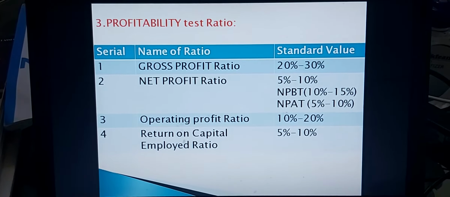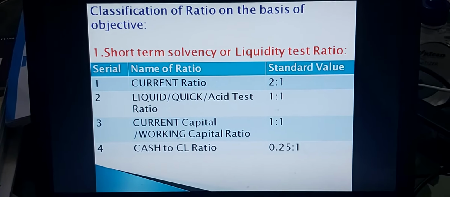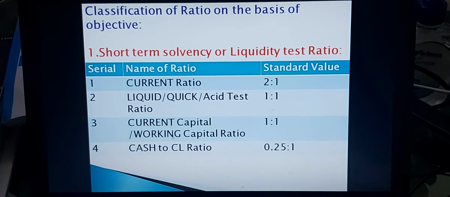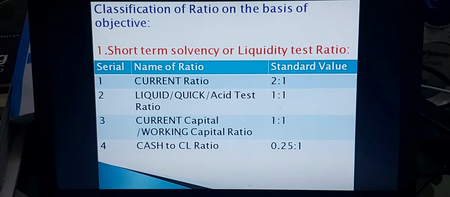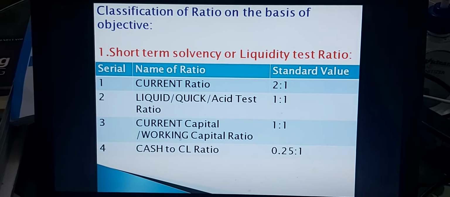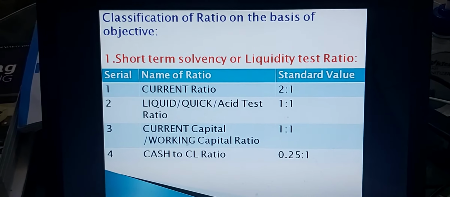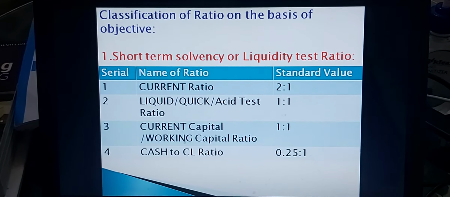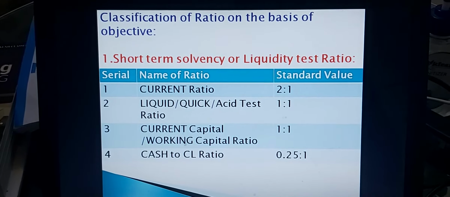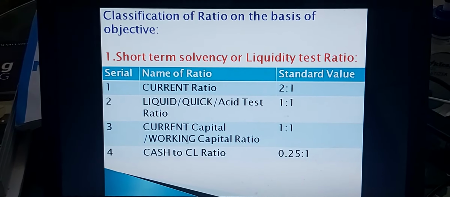Dear students, now you have to know how many ratios are available in the short-term solvency or liquidity test ratio. You can see on the screen, totally 4 ratios are available in the short-term solvency or liquidity test ratio. Number 1, current ratio.